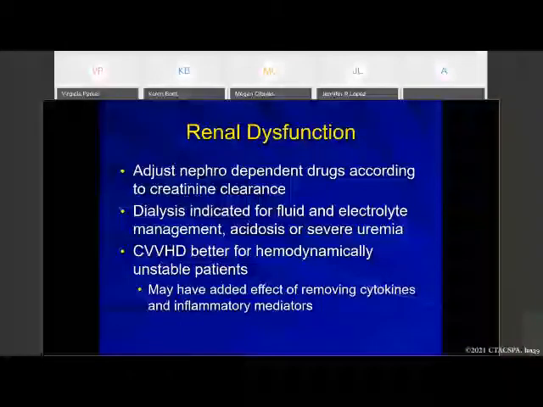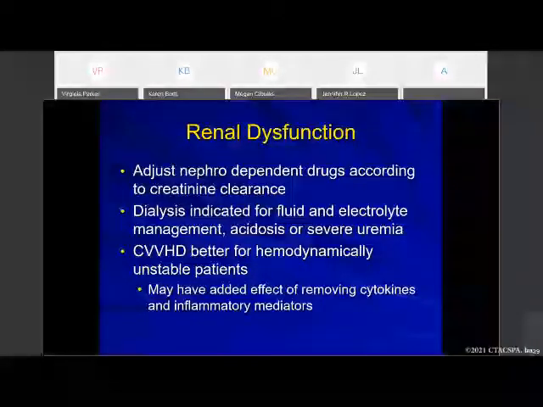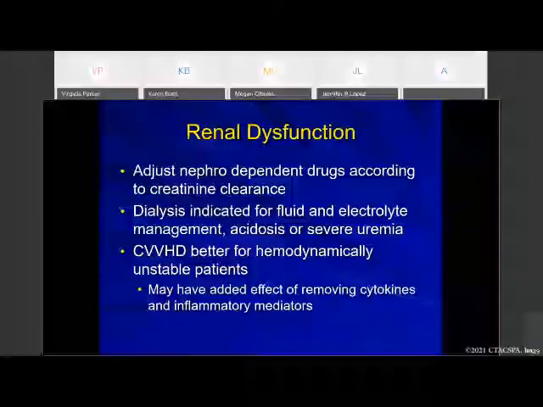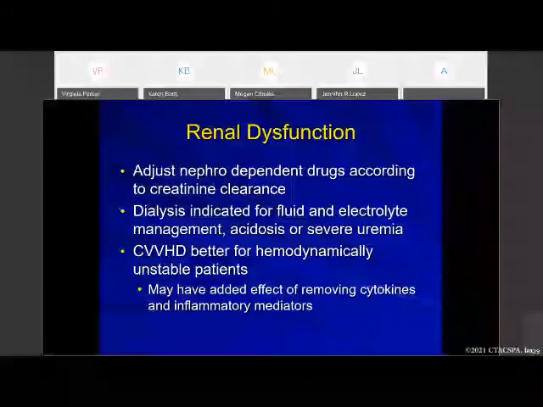And acidosis, you can kind of compensate for that with bicarb initially, but eventually they might need it for acidosis, or if they're severely uremic, which would be well over 100, about 150. Uremia will also increase their coagulopathy, and you treat that with DDAVP.